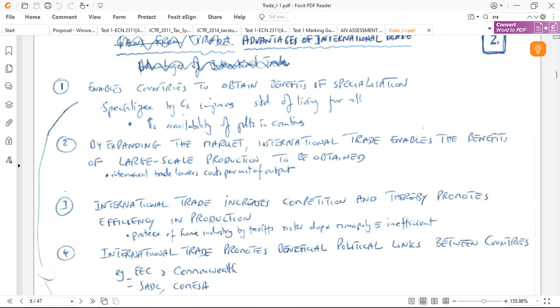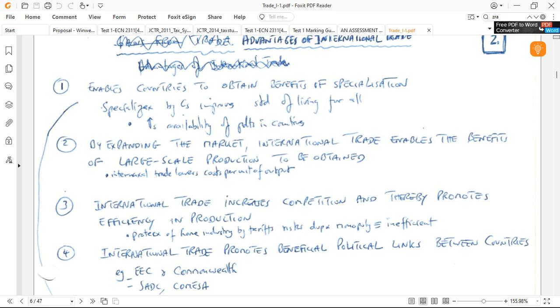So when there's trade and you specialize, it means that you're going to benefit from your specialization, right? Because you are specializing and trading in that particular commodity, which is your specialty, you're going to earn more, right? So international trade enables countries to obtain benefits of specialization. Why?